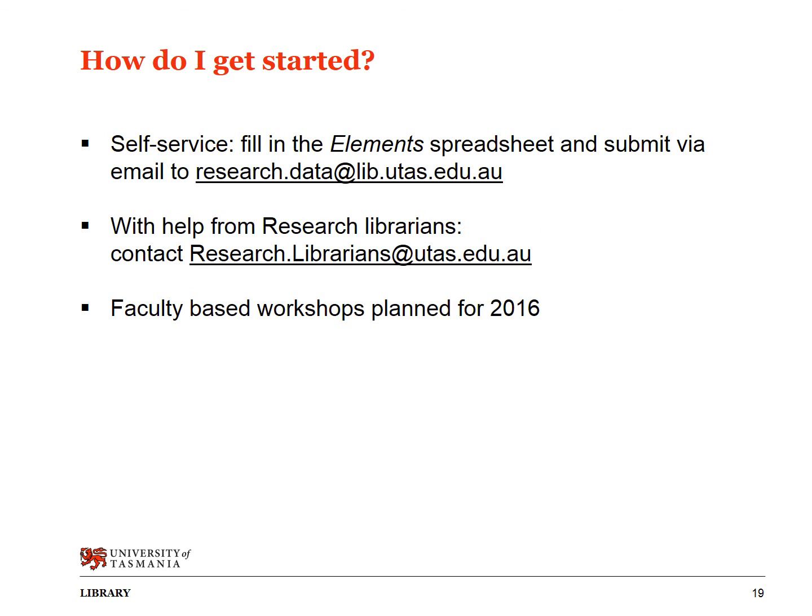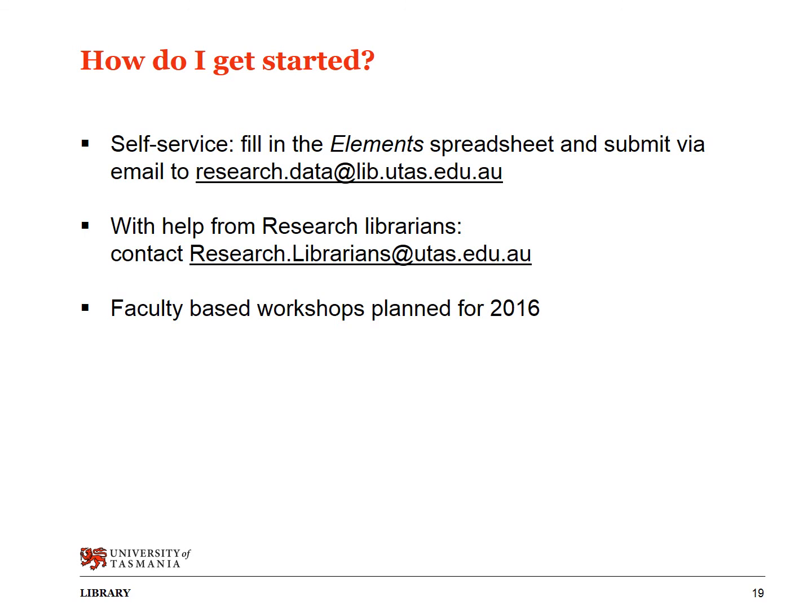So how can you get started? If you would like to have a go, you can download the spreadsheet from the website, fill it in, and submit it to the research.data@lib.utest.edu.au email address. Or if you'd like some help, simply make an appointment with your research librarian.